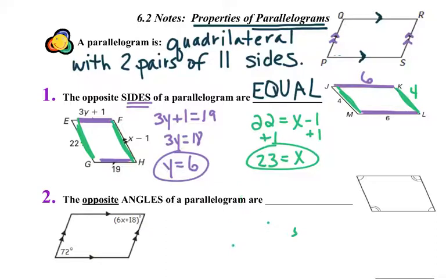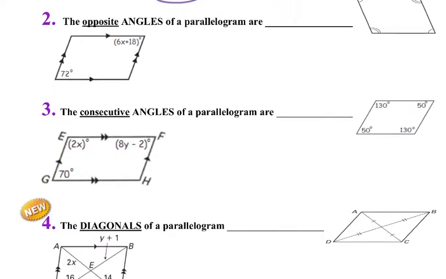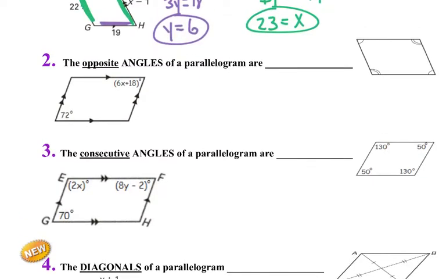Now the next one we have actually kind of talked about already in chapter 3: the opposite angles of a parallelogram. Oops, so I'm going to pull it down a bit. Remember in chapter 3 we said, okay, if this angle is 120, the one opposite it is also 120.